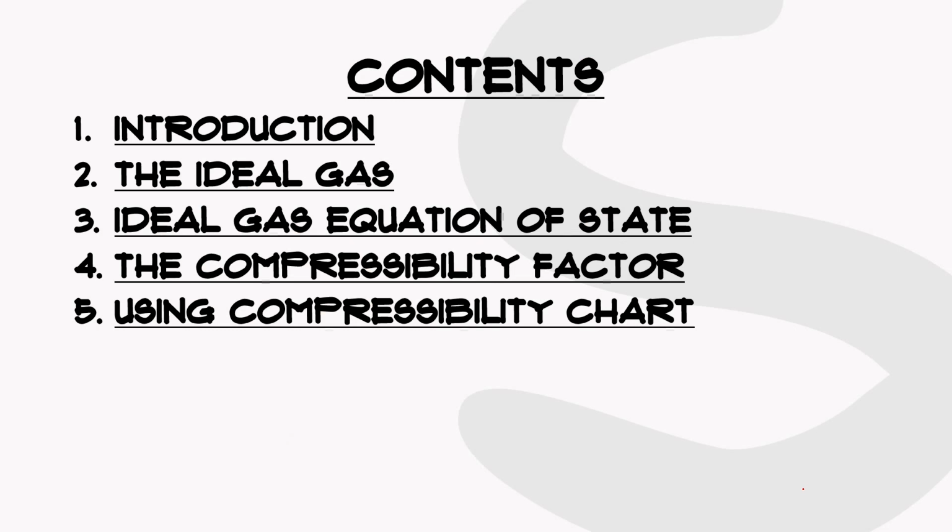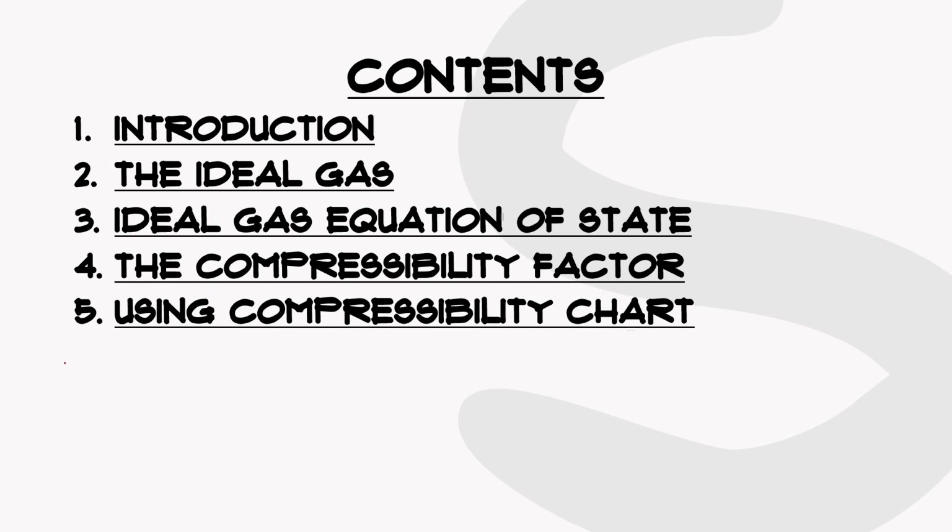For the context of this presentation, we first have an introduction. As usual, we have to properly describe those conditions wherein the ideal gas assumption would hold true, and then we will define what an ideal gas is, and then we will introduce the equation of state for these ideal gases.